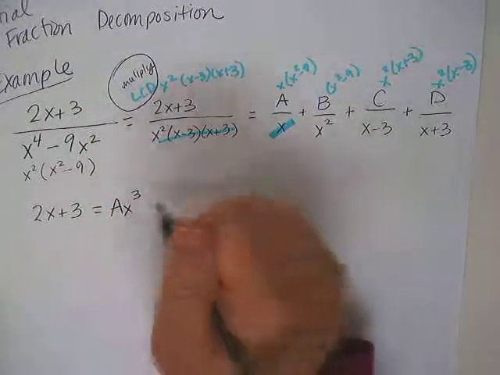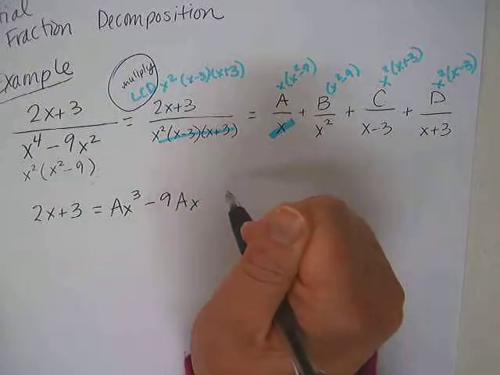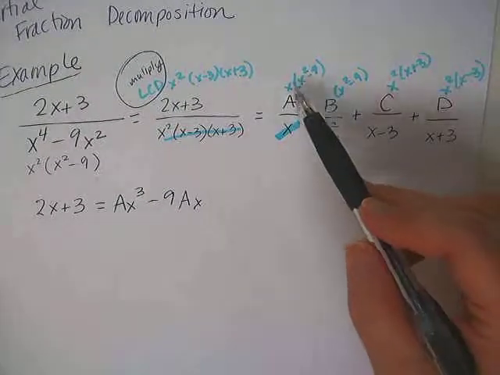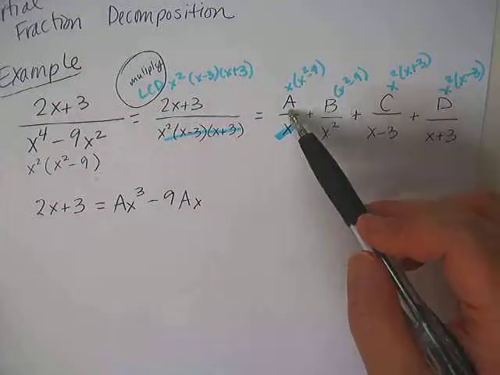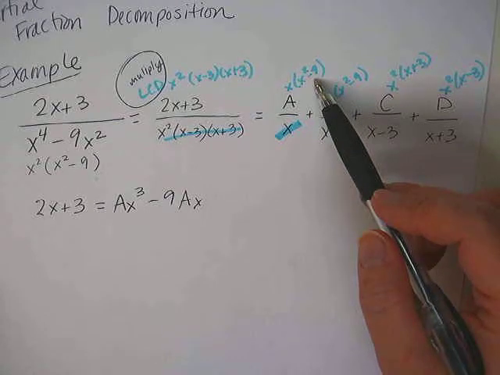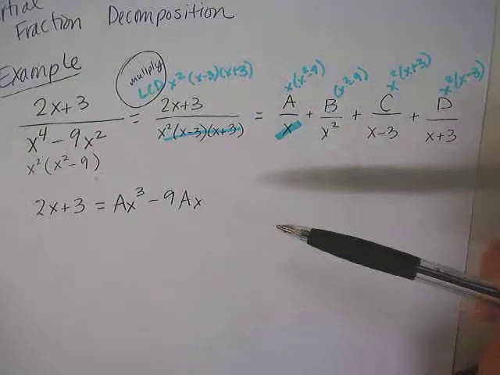Here, let me show you what it would be, and you tell me if I need to break it down a little further. Minus 9Ax. That's it right there. So it would be A times x squared and A times x times negative 9. Just distributing everything through.